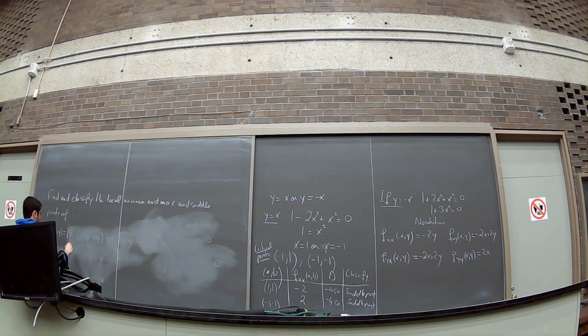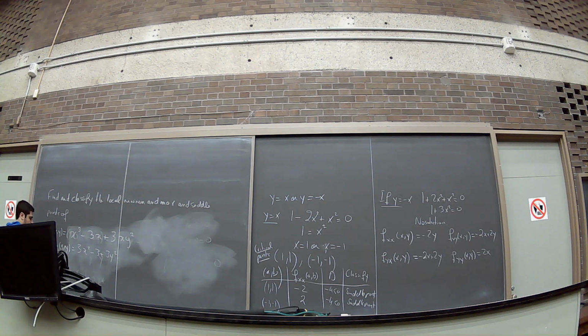Let's do one more: x cubed minus 3x plus 3xy squared. Okay, so let's differentiate with respect to x. What do I get? I get 3x squared minus 3 plus 3y squared. That's fx.